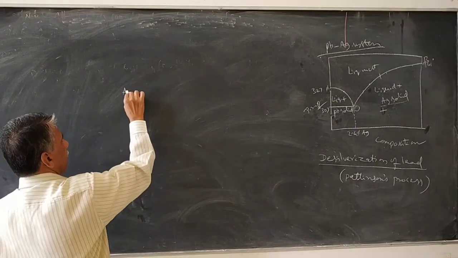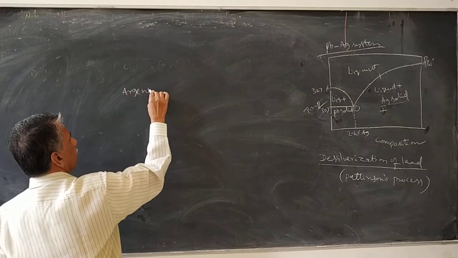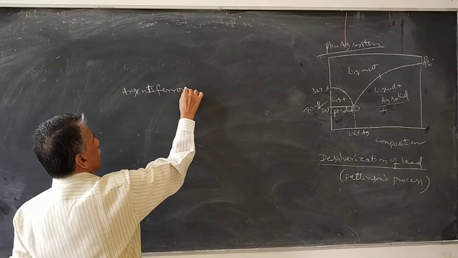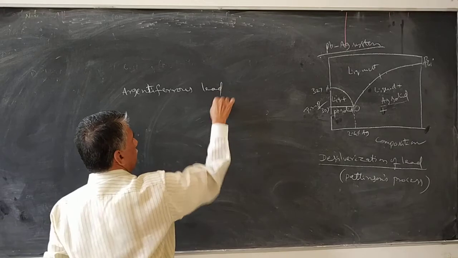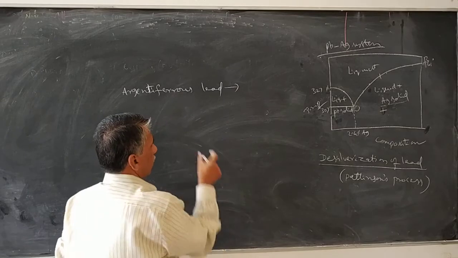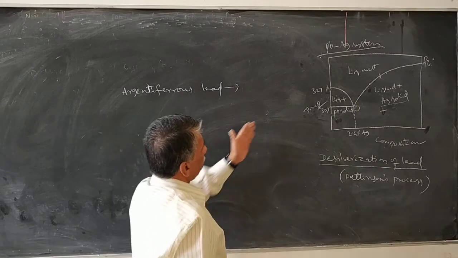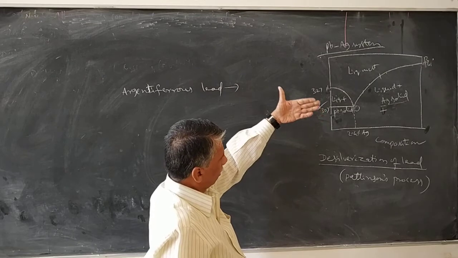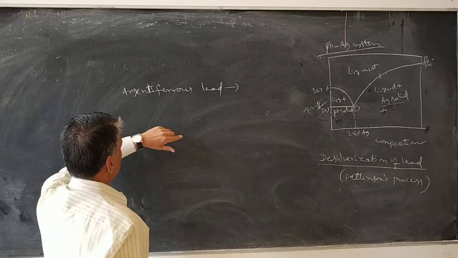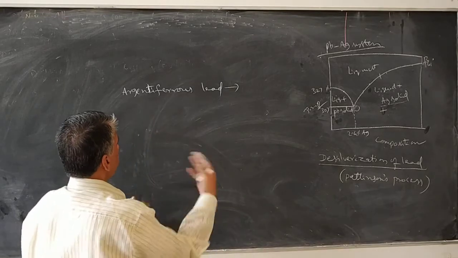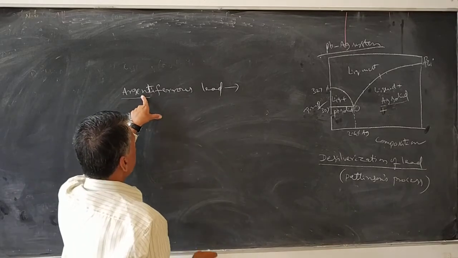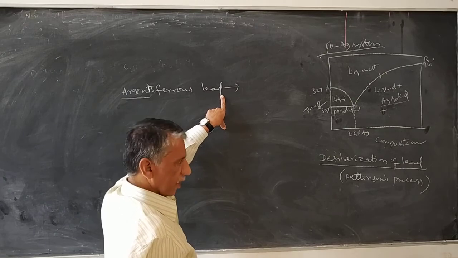Let us take argentiferous lead. I am applying the phase rule principles to get more and more silver from this argentiferous lead.